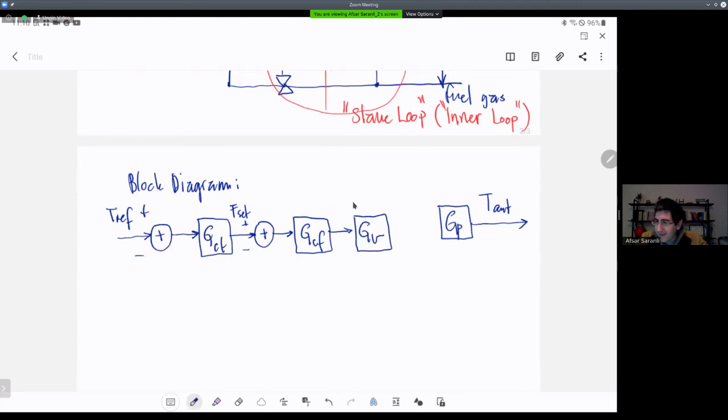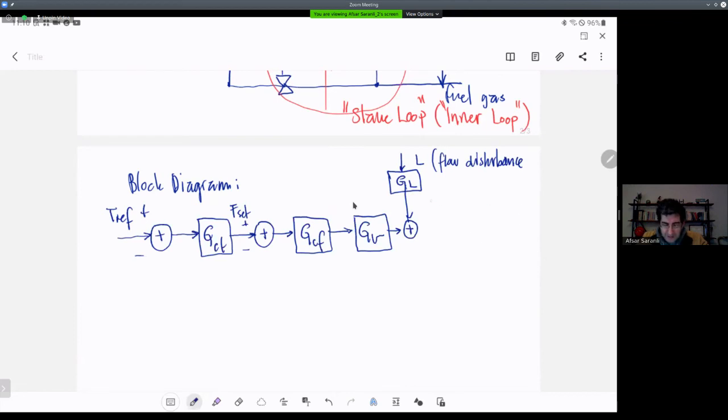The flow controller drives the valve, the GV transfer function. Then the flow undergoes a disturbance. Let's also illustrate that this may have a transfer function here. Let's say this is the flow disturbance, L. Let me redraw this part, it's kind of shifted.